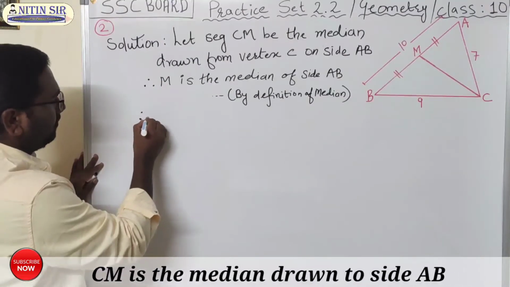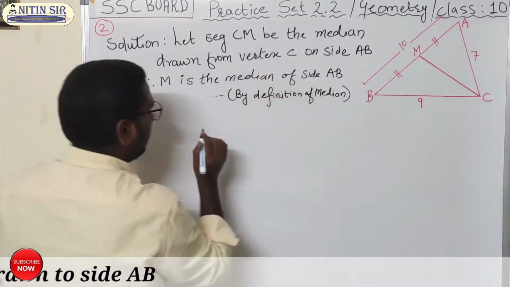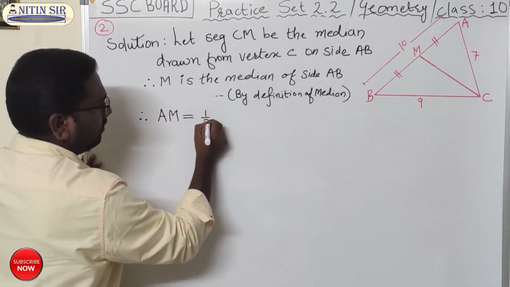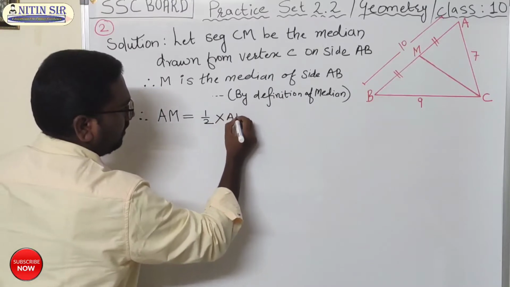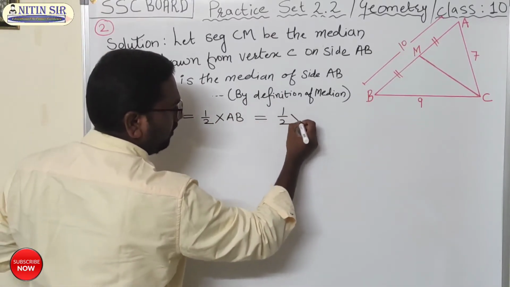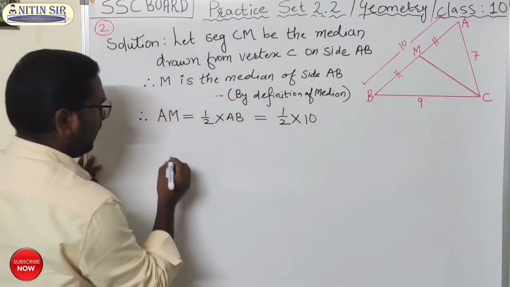Therefore AM is equal to half of AB. This is equal to half into, what is the value of AB? AB is 10. So this is equal to 10 upon 2.